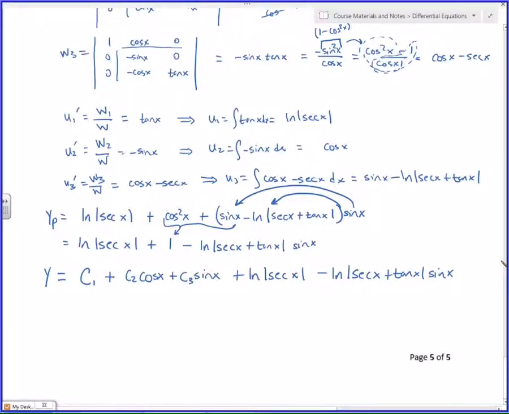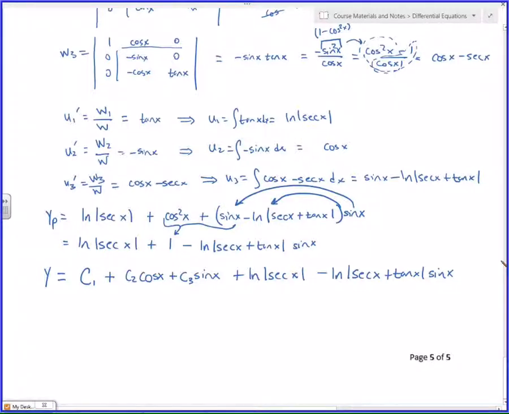Couldn't you, if you tried to separate that log further to get rid of the secant? Right, you can't, because log of a sum doesn't simplify. Log of a product is a sum of logs, but log of a sum is nothing, it's just itself.